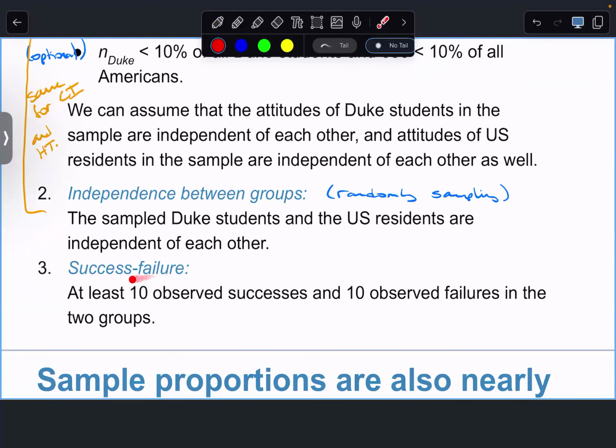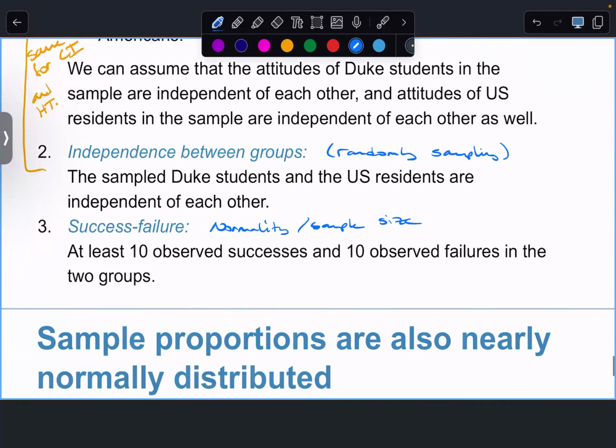Now, the success-failure condition, which I call the normality condition, or the sample size condition. This is for a confidence interval. And if you have a hypothesis test, then it's going to be slightly different, just in the same way that it was for one sample proportions, right?